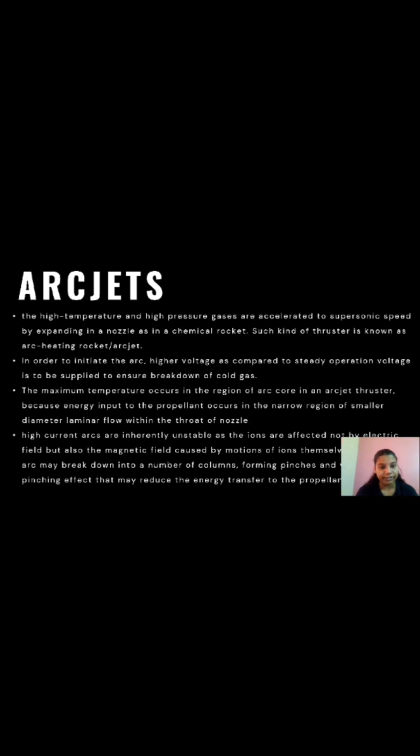Hence, the hot gas at the core of the arc must mix quickly with cold propellant gas, either with the help of creating turbulence or vortex in the propellant flow.